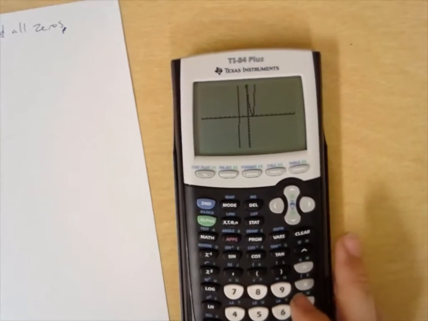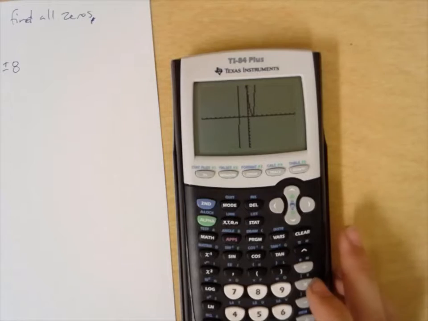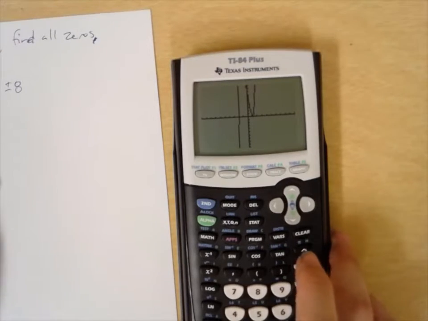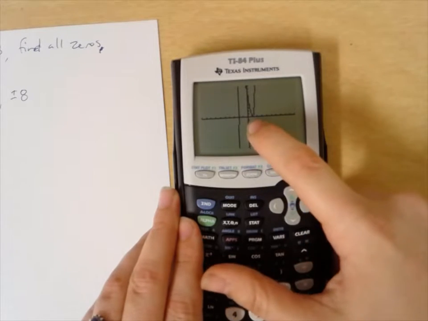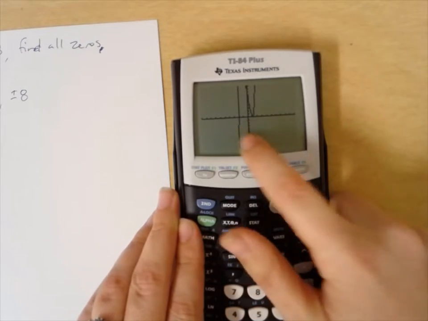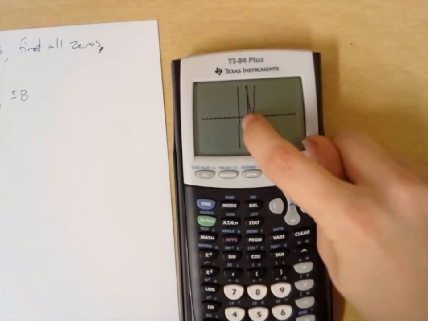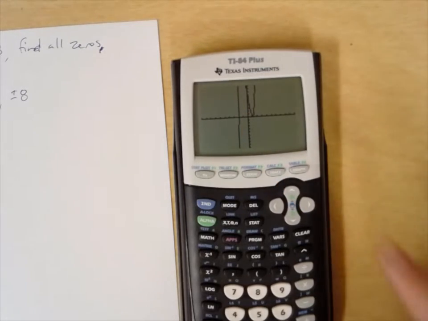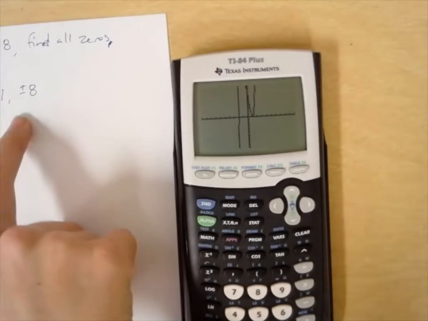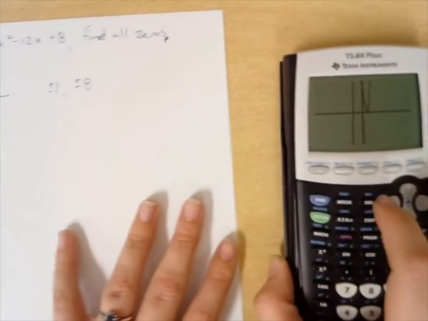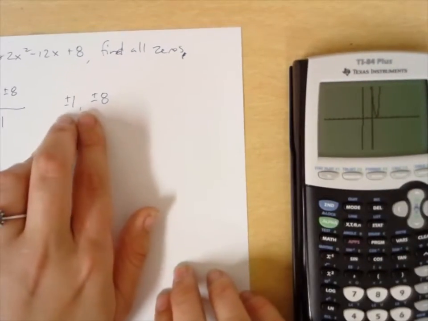And so what it looks like is happening here is it looks like I've got some more zeros going on than I realized. It looks like I definitely have something going on at negative 2. So in order to get there, let's first take the possible zeros that we found. Let's use synthetic division with these.